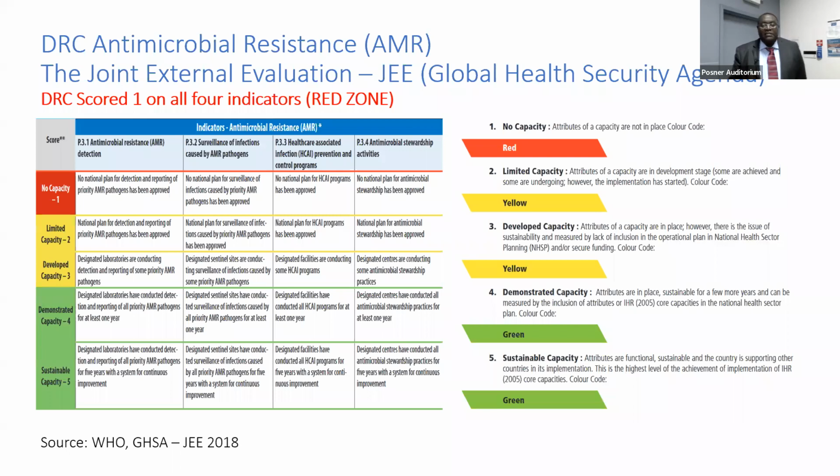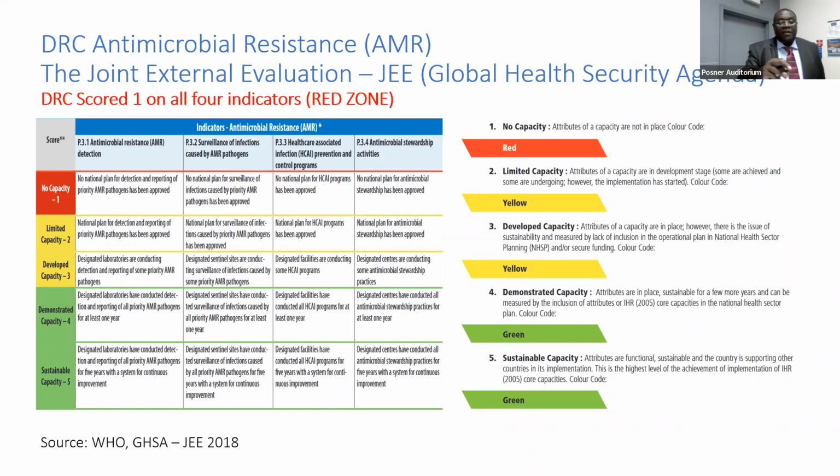The first line you can see is a scoring system of 5 levels, 1 to 5 points, with colors. 1 gives you the red color, 2 and 3 the yellow color, and 4 and 5 the green. There are things you have to achieve to get to each level. 1 means that you have no capacity in those indicators. And one of the indicators in the JEE, the Joint External Evaluation, is antimicrobial stewardship activities.